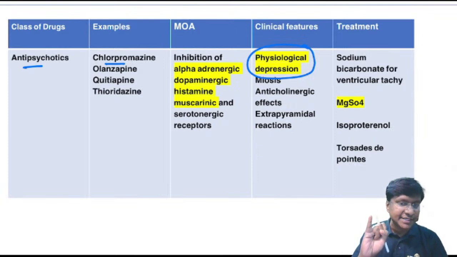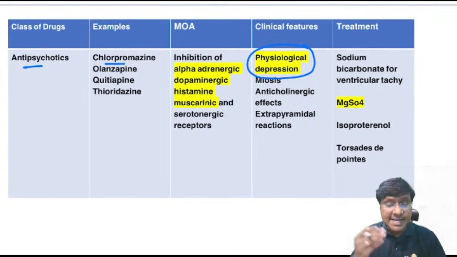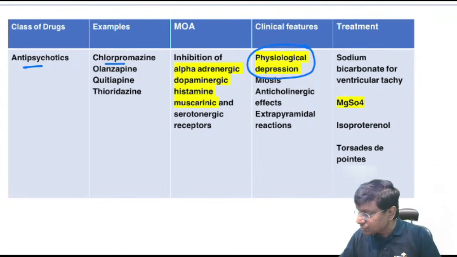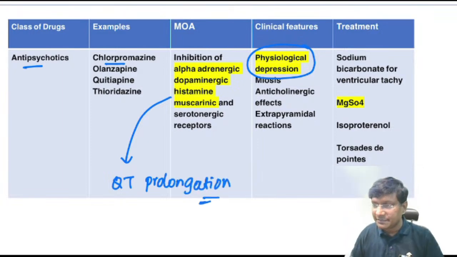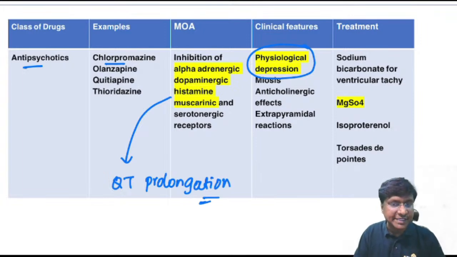Alpha adrenergic activity is inhibited, dopaminergic activity is inhibited, histaminergic activity is inhibited, and serotonergic activity is also inhibited. And because of all these, you know what the individual can develop? The individual can develop QT prolongation in the ECG.